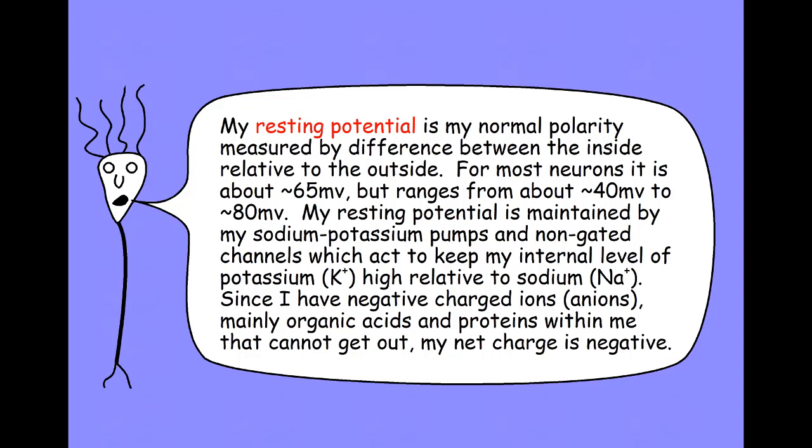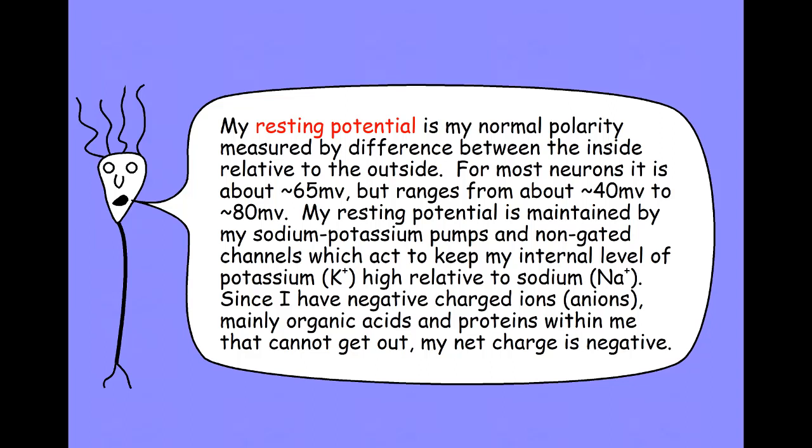For most neurons, it's approximately negative 65 millivolts, but it ranges amongst neurons from negative 40 millivolts to negative 80 millivolts. Resting potential is maintained by sodium-potassium pumps and by non-gated channels, which act to keep the internal level of potassium high relative to sodium.